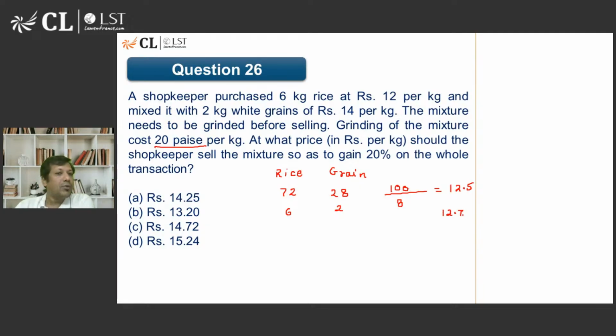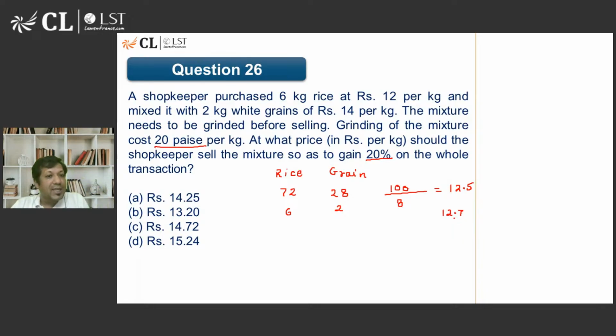Now you need a profit of 20%. So 20% of 12 is 2.4. So 12.7 plus 2.4 is going to be 15 point something.